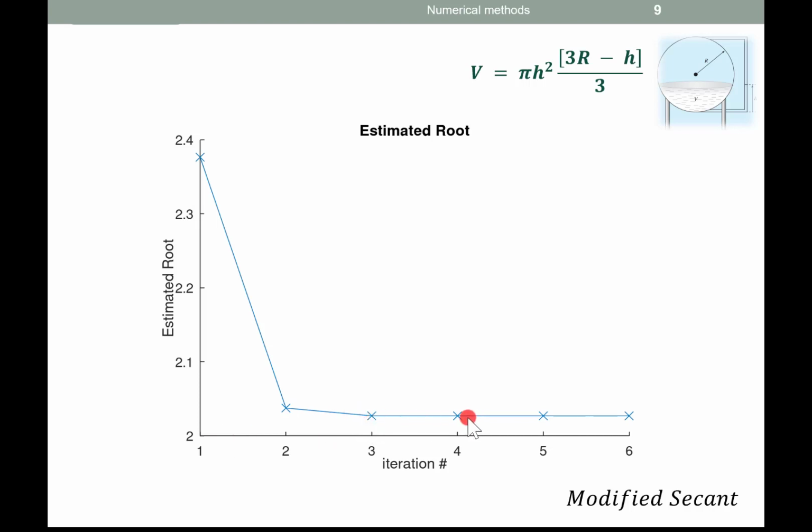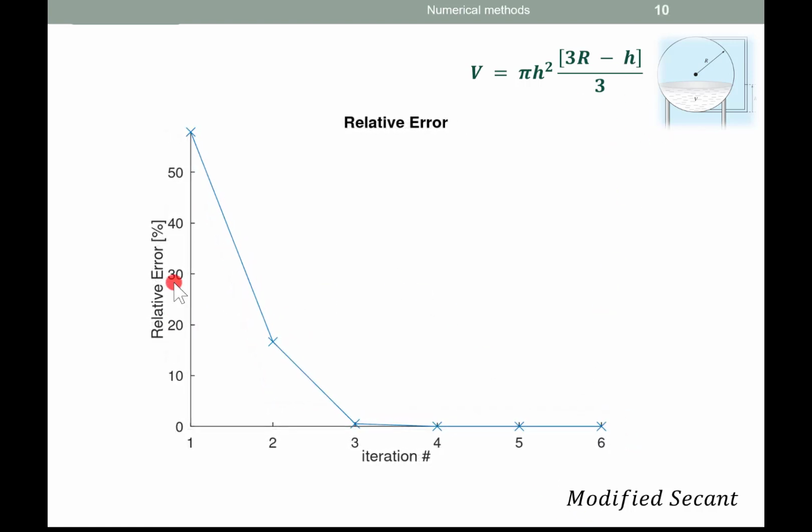And then as you can see here, by the third iteration, it's pretty much not changing much when we applied the modified secant method for this given problem. Here we see the relative error. So initially above 50, then between 10 and 20, then close to 0, right? So less than 1% by the third iteration. And then pretty much after that, really close to 0.